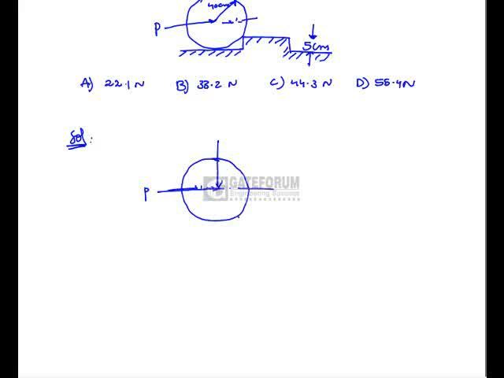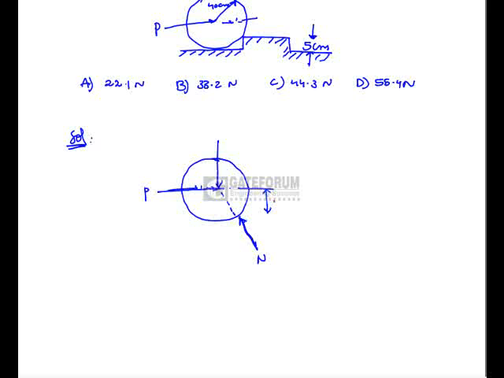But there is a reaction at the corner point where it has to move over the obstruction. So this is the normal reaction at the edge, which is at some angle.